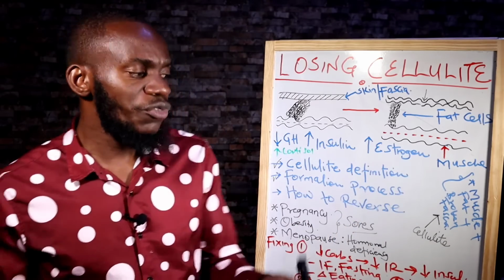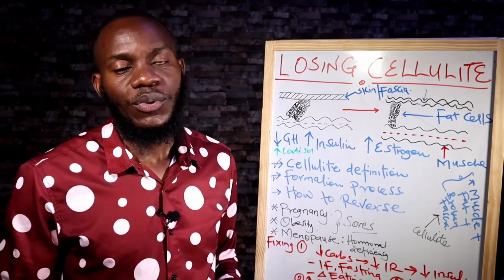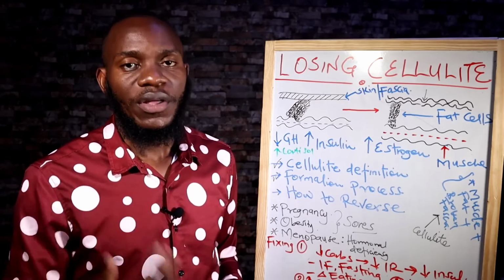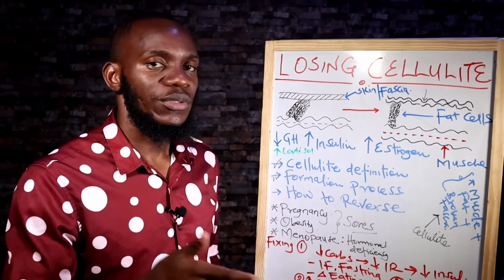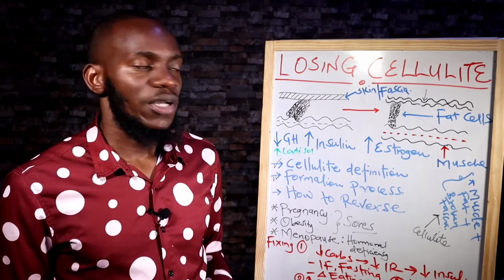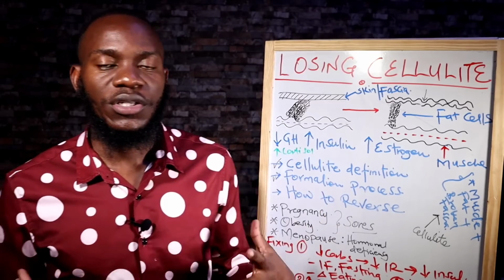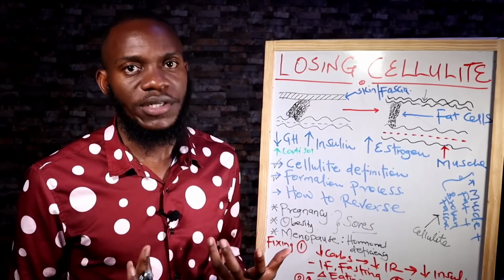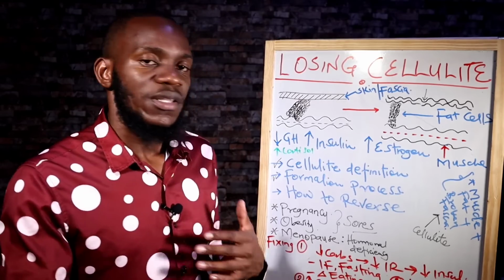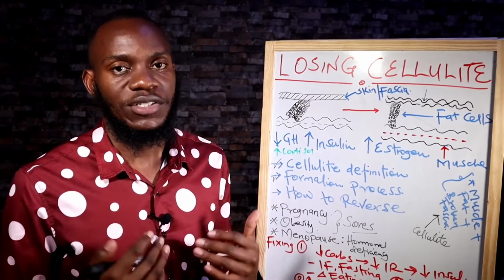So how do you fix cellulite? Now that you understand, we have this cellulite and you want to fix it. Rather, how do you avoid getting into this? Of course, the easiest way to avoid getting here is to avoid insulin resistance, which means you avoid consumption of simple carbohydrates. Once you avoid simple carbohydrates, then your insulin levels in the blood start going low, which is an advantage to us.